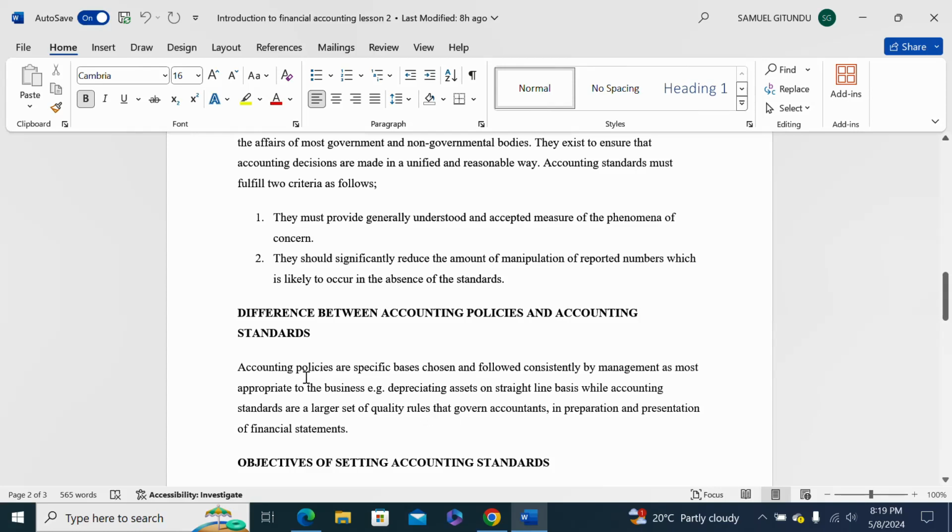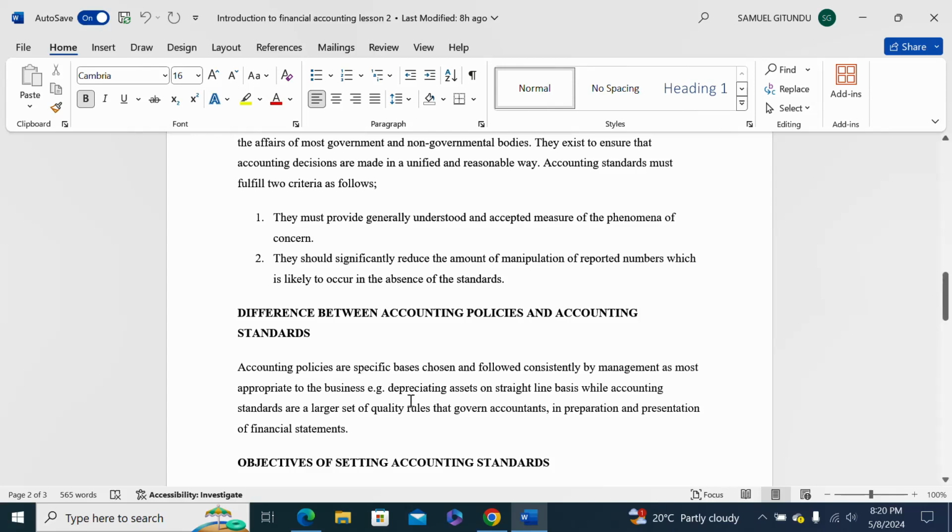Therefore, you understand that accounting policies are specific bases chosen and followed consistently by the management of a certain company. For example, management may decide that we will depreciate our assets on a straight-line basis.